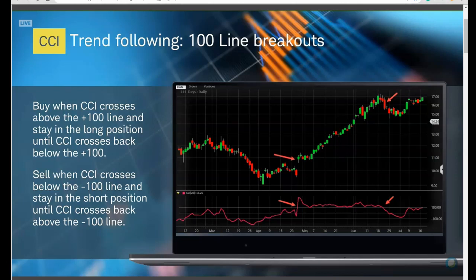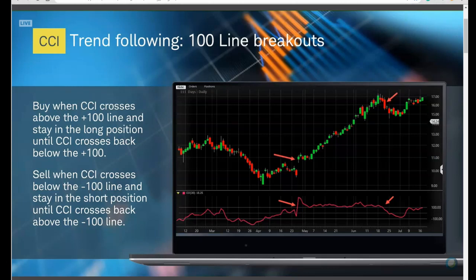Remember, if 70 to 80% of what are considered to be random noise would make the value of the CCI be between negative 100 and positive 100, then if, let's say, you got a reading above positive 100, it could mean that the price action is no longer random, right? And it could mean that an uptrend is starting.